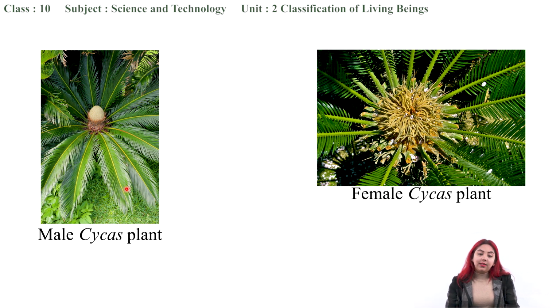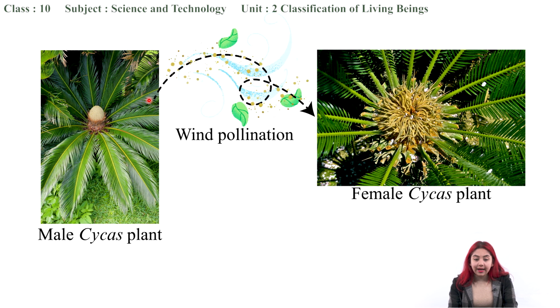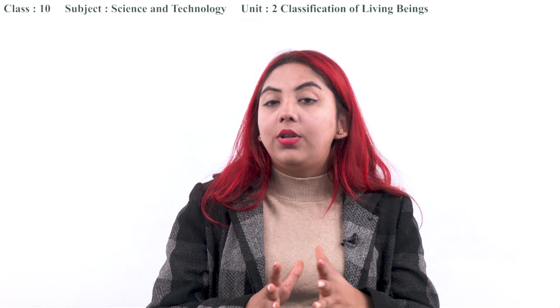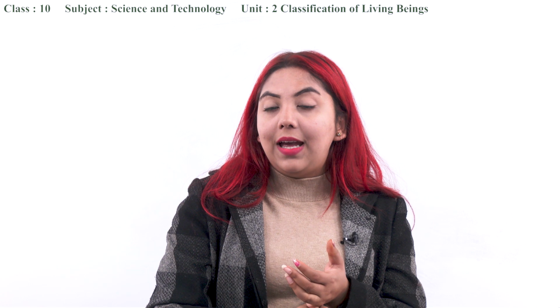So this is a male plant and this is a female plant, and this part of the male plant contains spores in it, and in presence of wind, the spores are pollinated, and if it reaches the female cycas plant, then fertilization occurs.